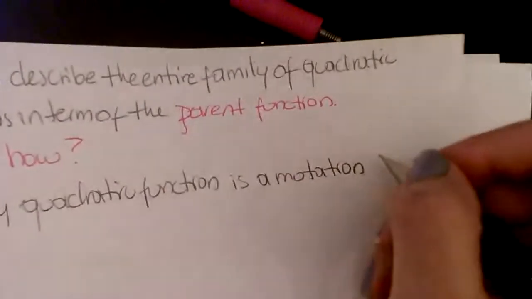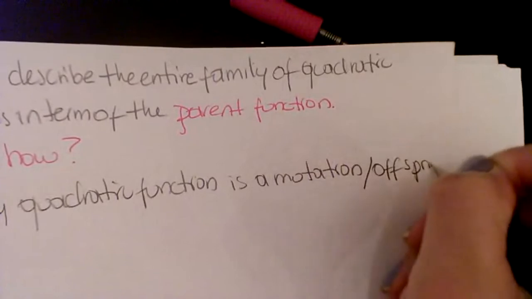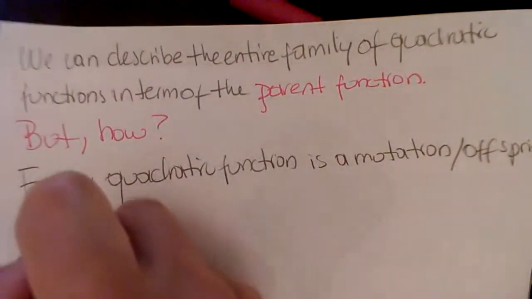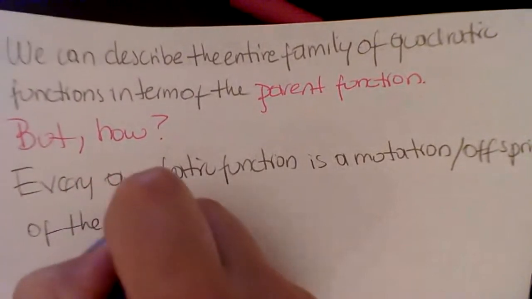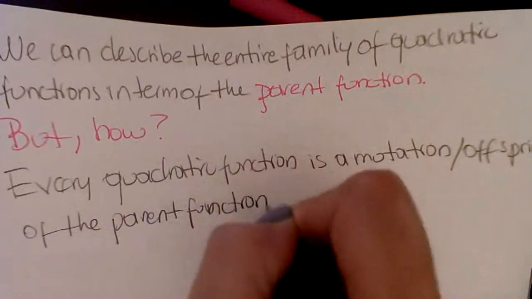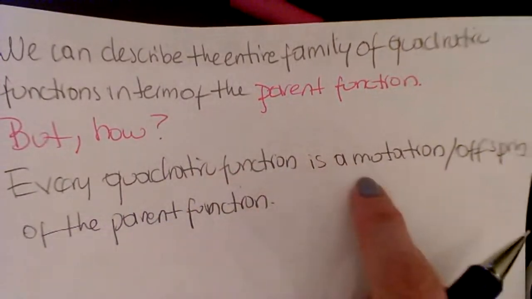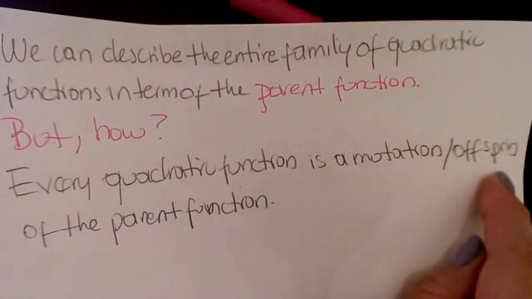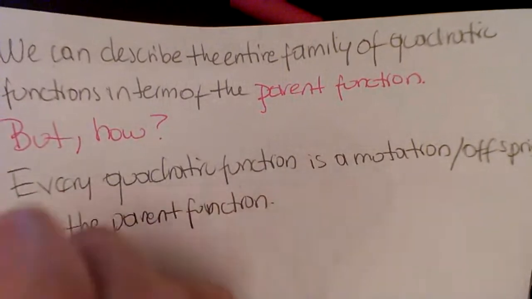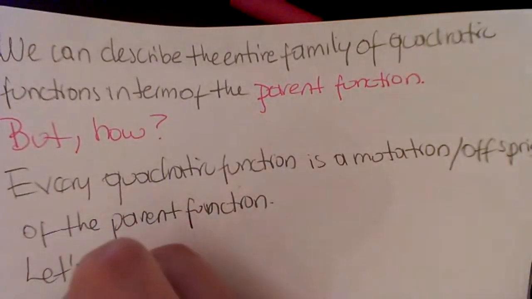We can say mutation, we can say offspring, we can say a baby of the parent function. Every quadratic function is a mutation, offspring, or a baby of the parent function. So we're going to be looking at the possible mutations.